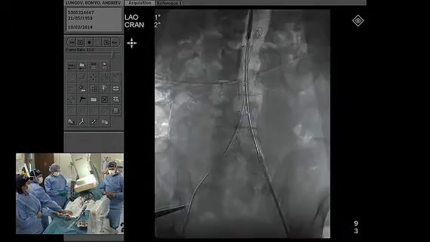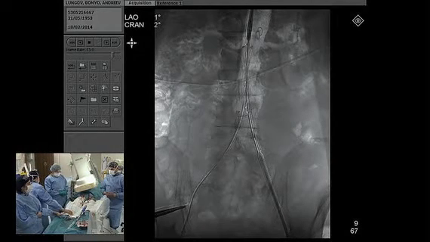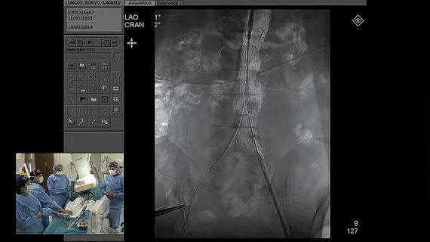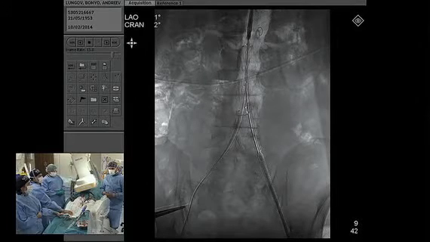Next. I will ask you after that what to do with the left renal artery stenosis, but it's a matter of discussion maybe for a second procedure.